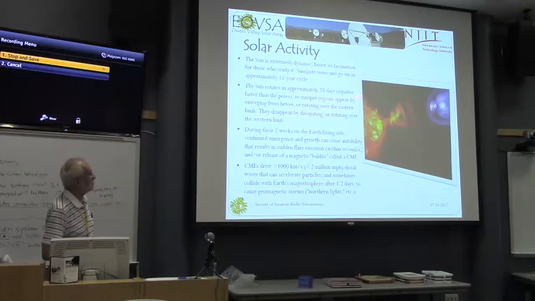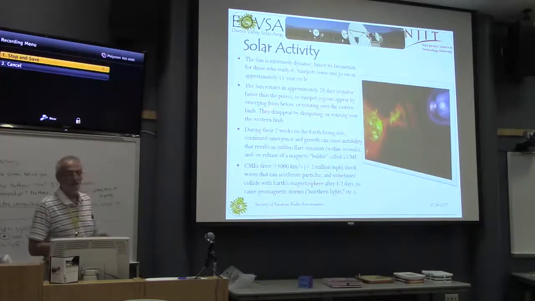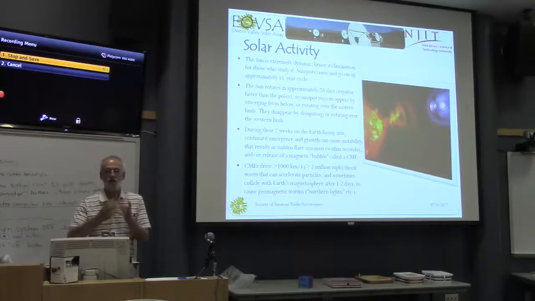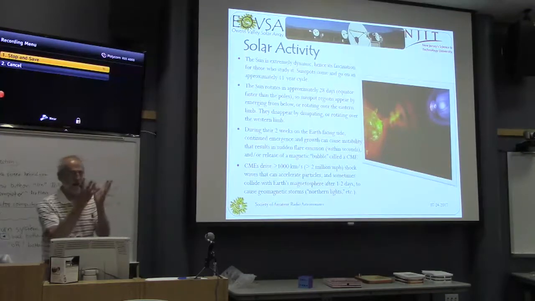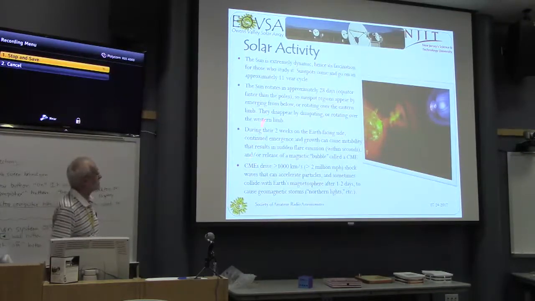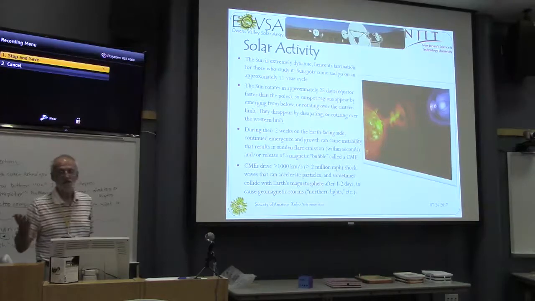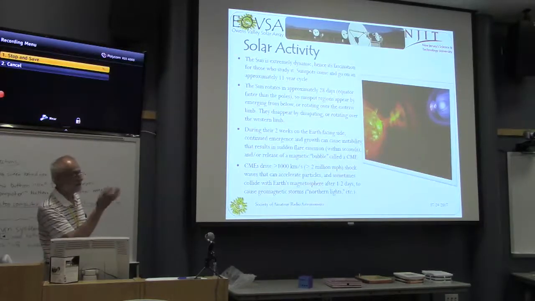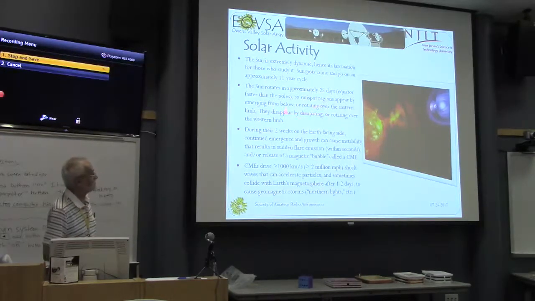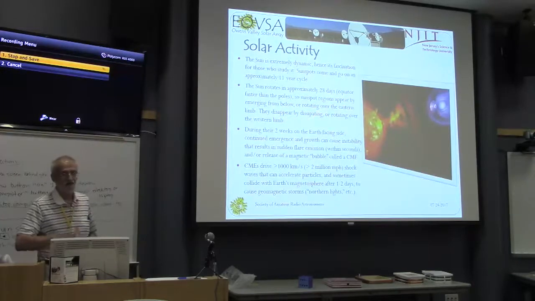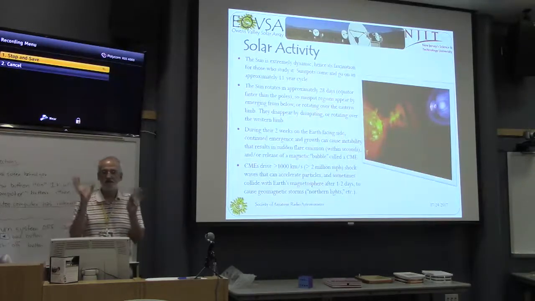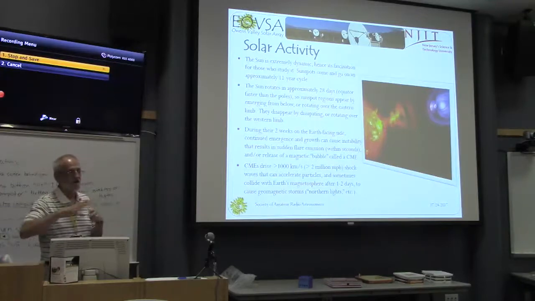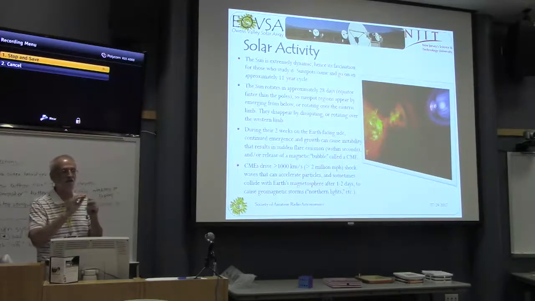And so sunspot regions can appear either by emerging from below, where they're born, so they're born underneath and they rise up and appear on the surface, or they can just rotate over the eastern limb as the sun is rotating. And of course, they disappear by dissipating, so as they release energy and form these flares and coronal mass ejections, etc., they're losing energy and they will simplify and eventually dissipate.